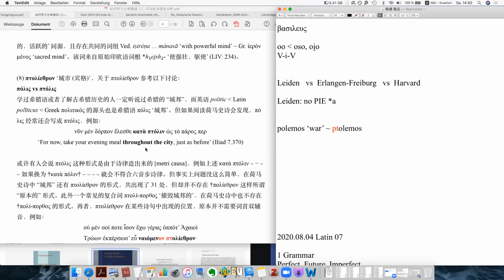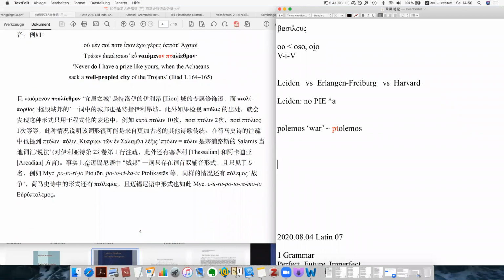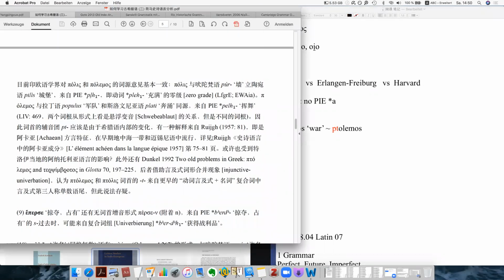There are some disputes, and some represented by Hoekstra, this person called Hoekstra. He's also a Dutch classicist and linguist. And he has written a book called L'élément archéen dans la langue épique. So he talks about this feature as kind of a dialectal feature, a special feature in this dialect.